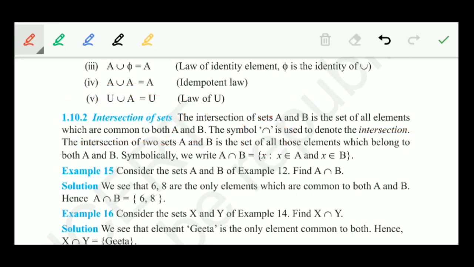In simple words, for the intersection of two sets, we will take the common elements from both set A as well as set B. That is known as intersection of A and B.